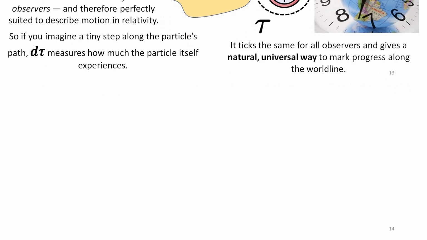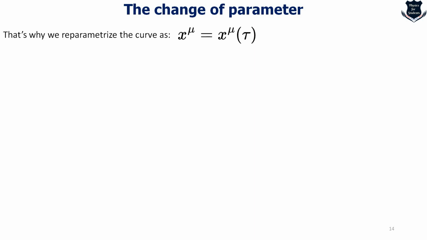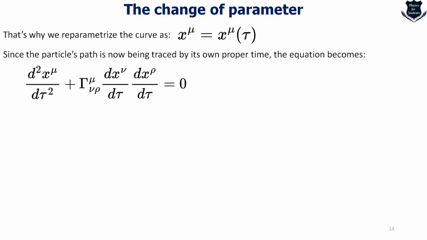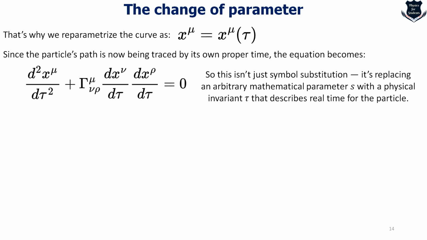Now let us do the substitution. That is the reason I would say we parameterize this as x^μ(τ), not s, because now we are not dealing with arc length, we are measuring what? The particle's actual time, because the particle is traveling in a world line. Since the particle's path is now being described by its own proper time, the equation becomes simply this.